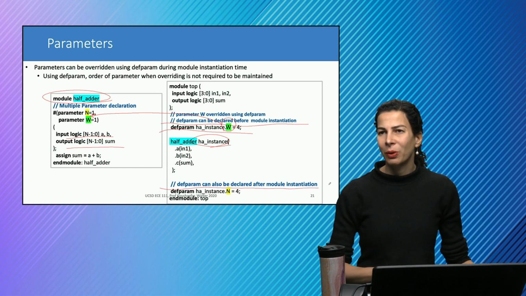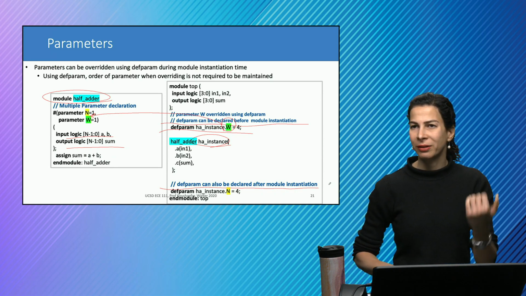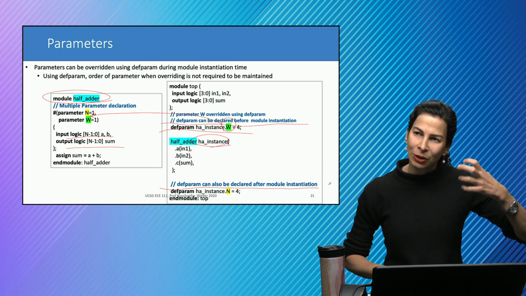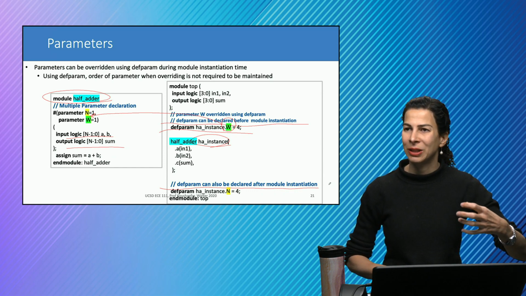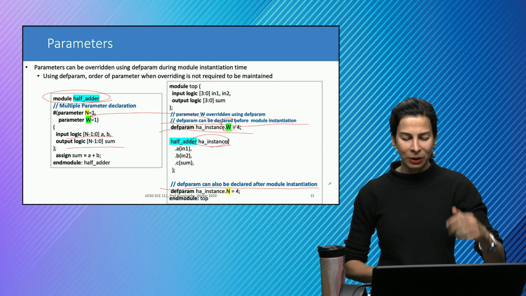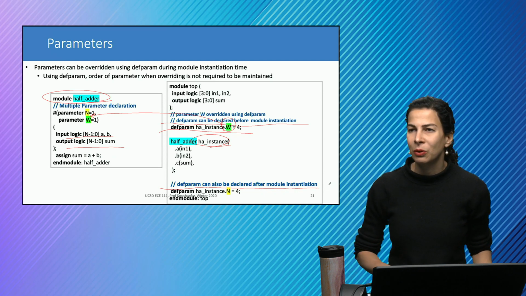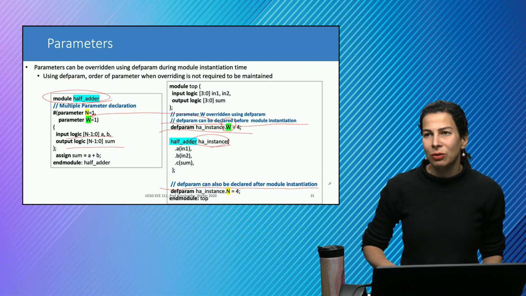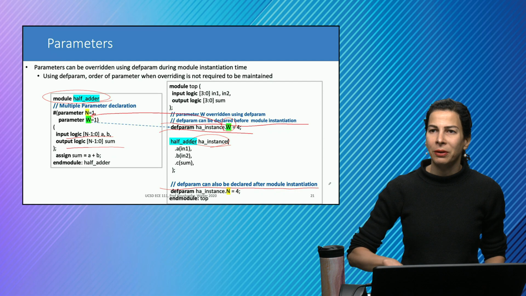But of course, every time you do it and you call something, you need to make sure that the value is set first. So in this particular case, the half adder instance is going to use W equal 4 when it's running, and then you could change it, or you could change N and do other things to it.